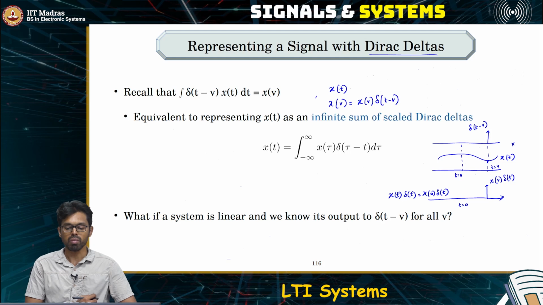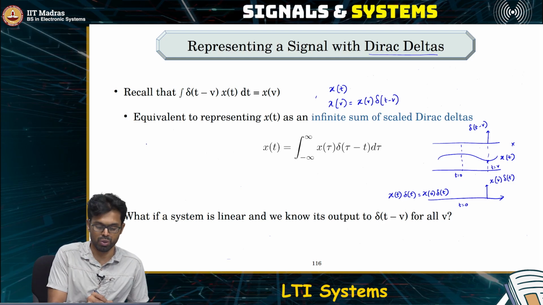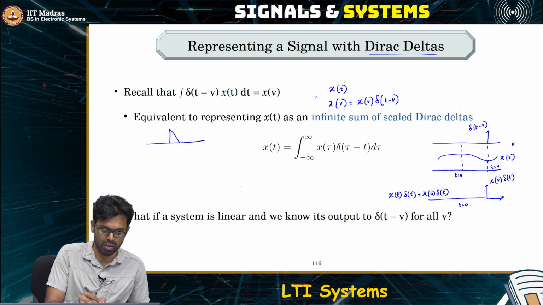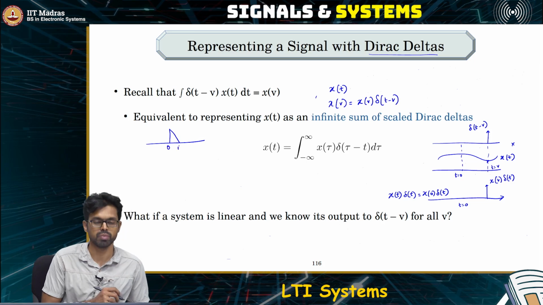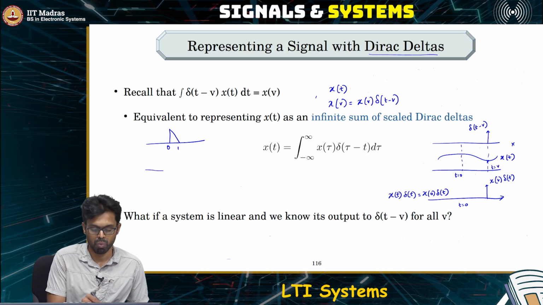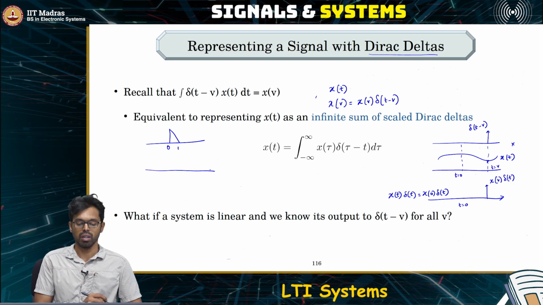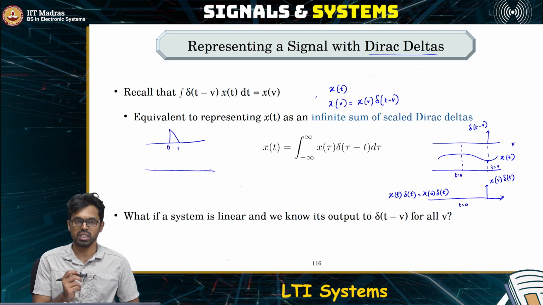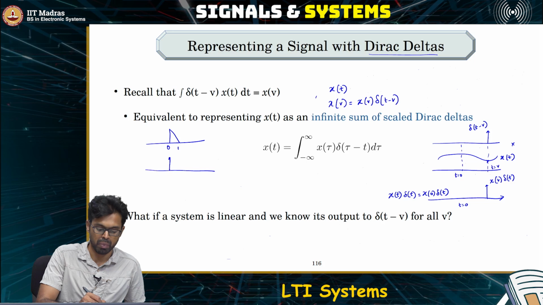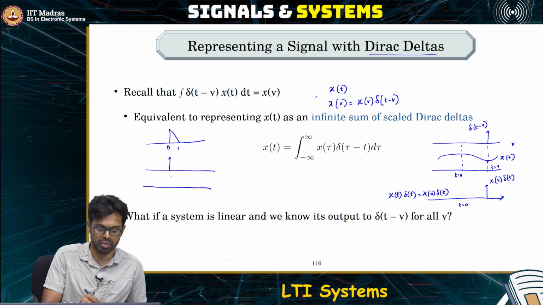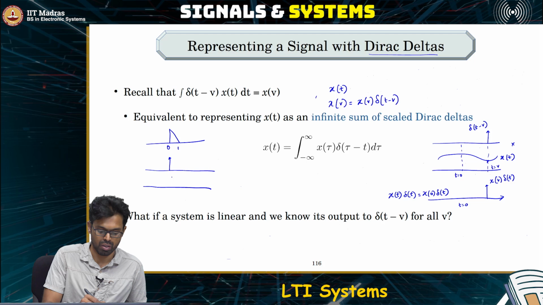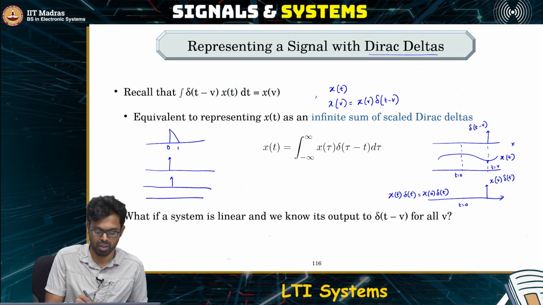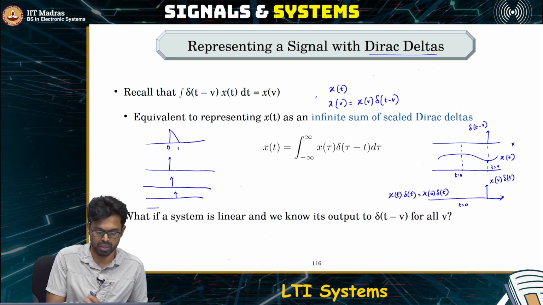Okay. So if I have a signal which looks like this, a triangular function between 0 and 1, I can represent that pointwise at each time instant by a set of Dirac delta functions. Something like this.